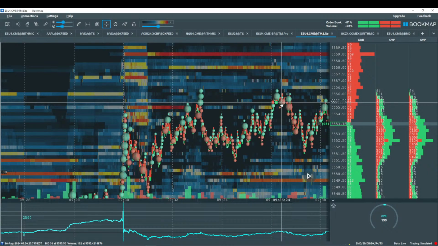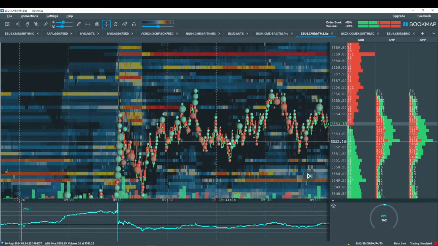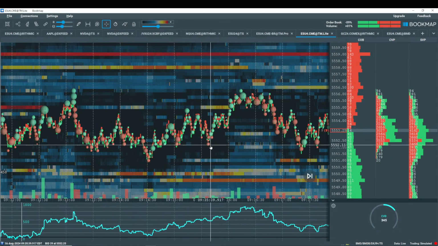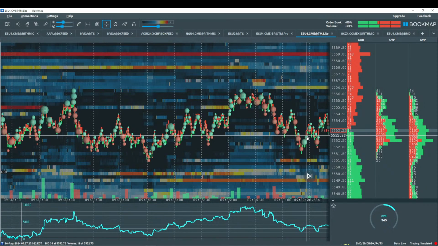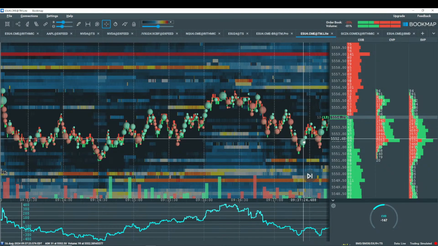Down here though, I'm interested in being a buyer, if we can exhaust down here into these levels, especially here where these buyers came in, and I'm looking for those buyers to curl back in. Do we get it? Yeah, we do here.